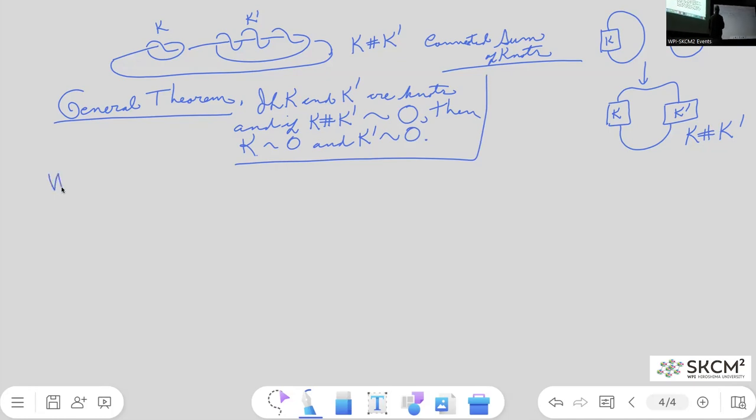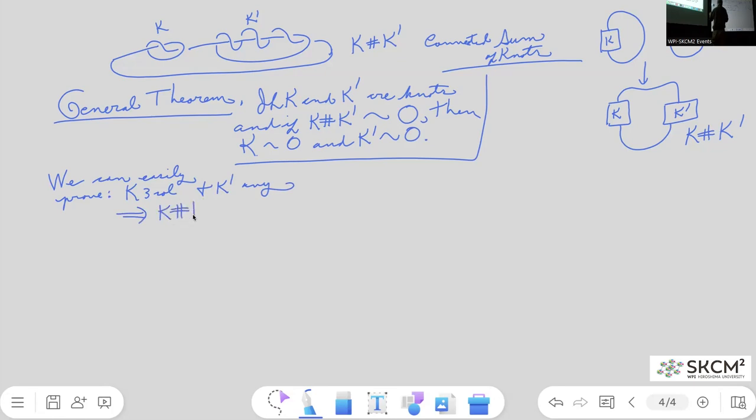We can easily prove that if K is three colorable and K prime is any knot, then K connected sum with K prime is knotted.